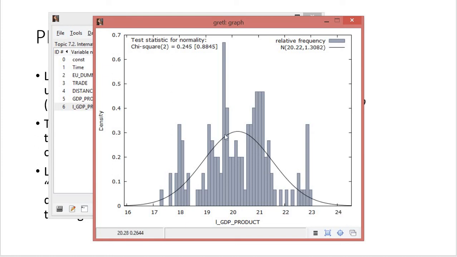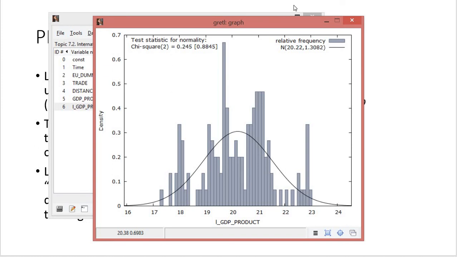But based on the results of the Jarque-Bera statistic, you can definitely see that the p-value is bigger than 0.05, significantly bigger. That's why we cannot reject the null hypothesis about normal distribution of the variable. So that's how taking the natural logarithm of the variable can help you to fix non-normal distribution.